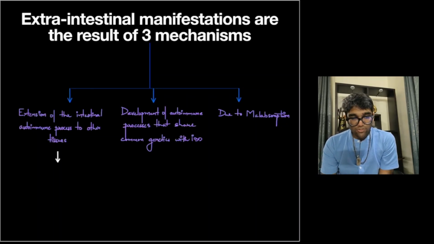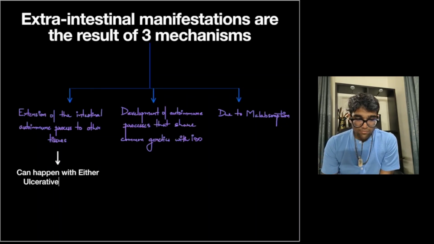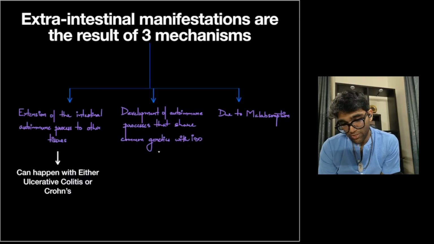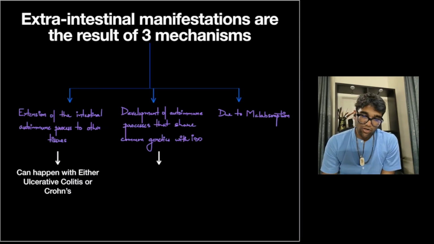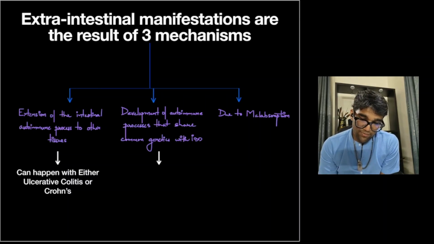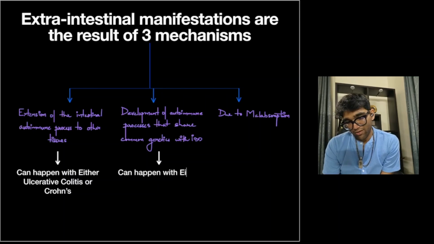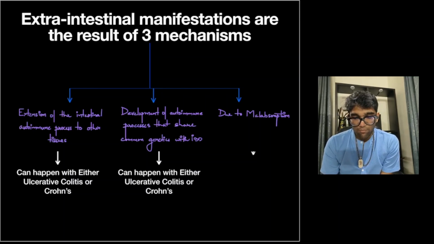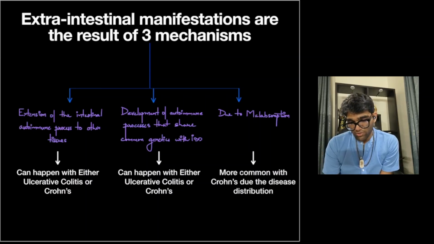Again, extension of intestinal immune processes to other tissues can happen with either ulcerative colitis or Crohn's disease. Development of autoimmune diseases that share common genetics with IBD can again happen with both. Malabsorption primarily is much more common with Crohn's disease.